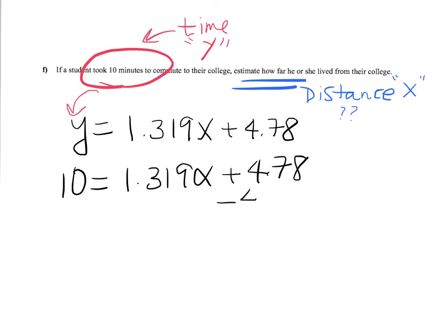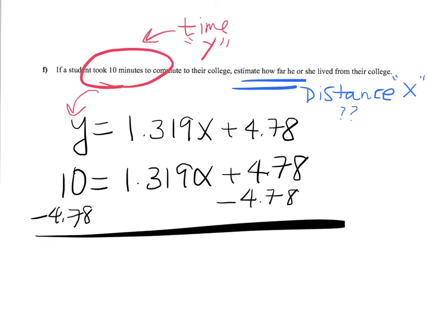So minus 4.78, minus 4.78, and we get 5.22 is equal to 1.319x. Let's move this up.